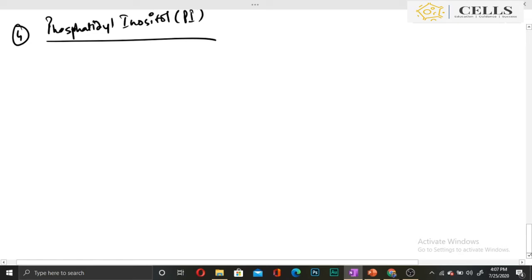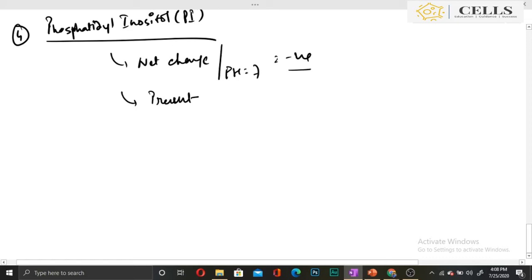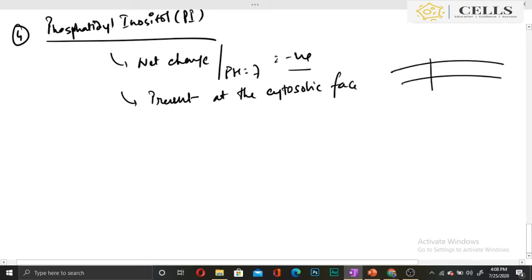Its net charge at pH 7 is also negative. Point number 1, this is also present at the cytosolic phase, like this.